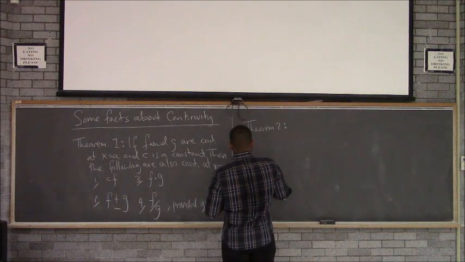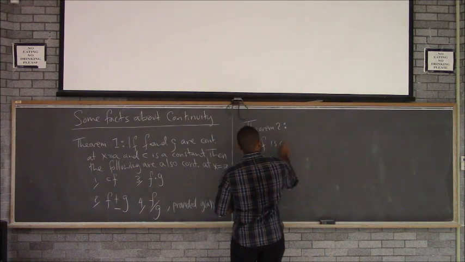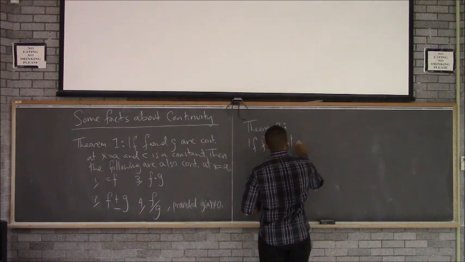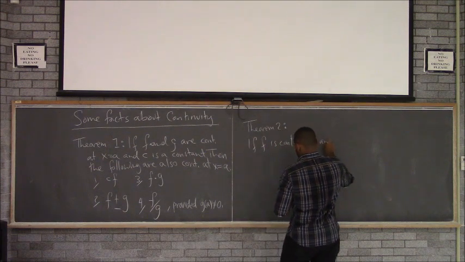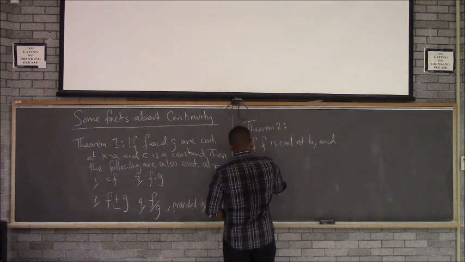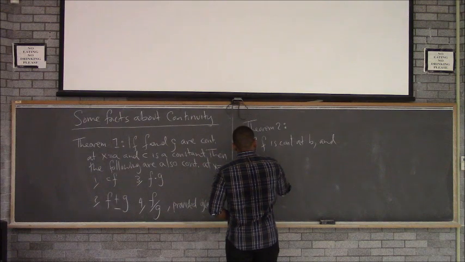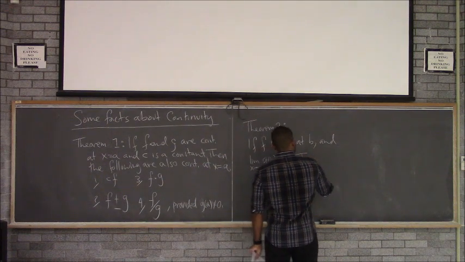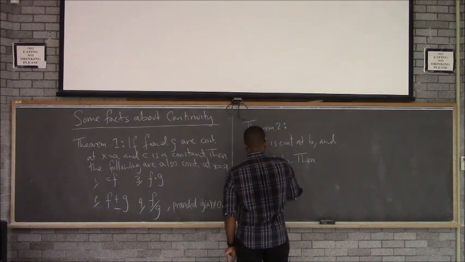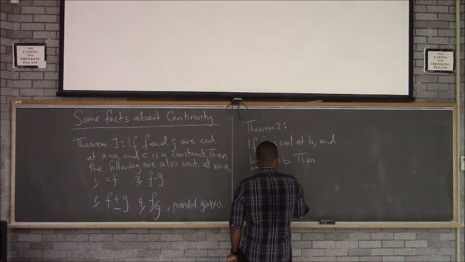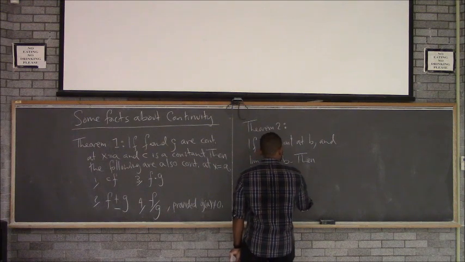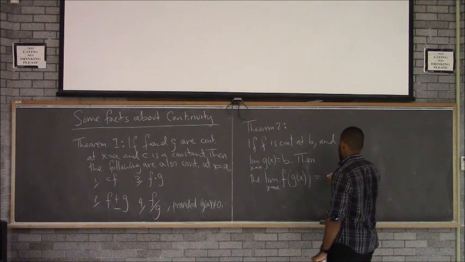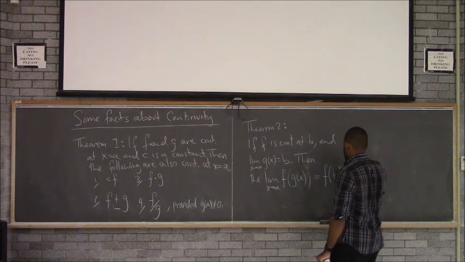So if f is continuous at b, and the limit as x approaches a of g(x) equals b, then if I take g of x, plug it into f, and take the limit as x approaches a, I will get f of b.